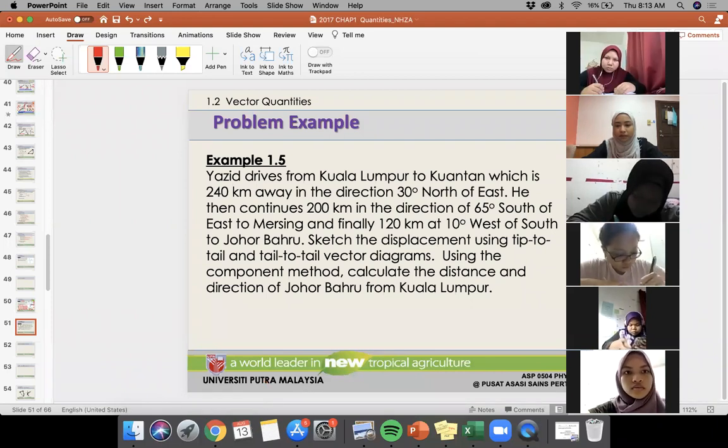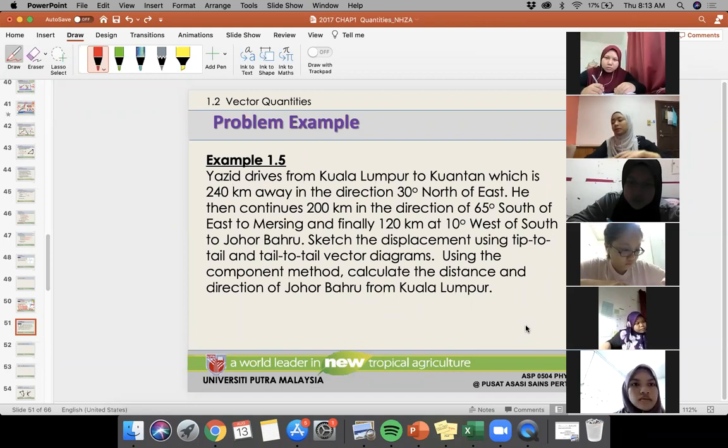Haiman is tail to tail. Haris is tip to tail. Later draw on the screen using Zoom's pen.